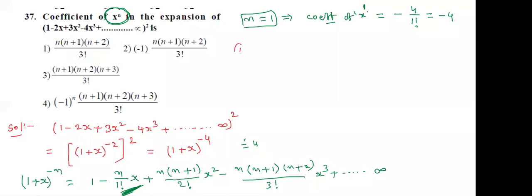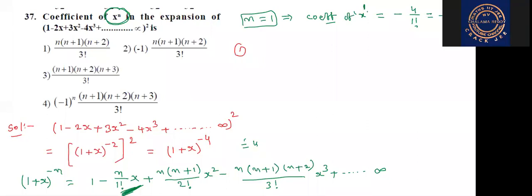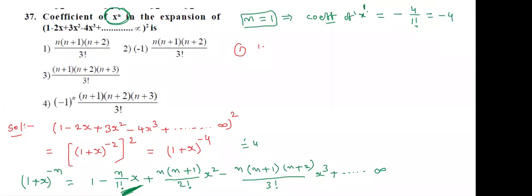Now verify the options. First option. If n is equal to 1, what do we get as the answer? 1, 2, 3 by 3 factorial. So that value is 1. Second option, minus 1, 2, 3 by 3 factorial. 3 factorial means 6. That answer is minus 1.